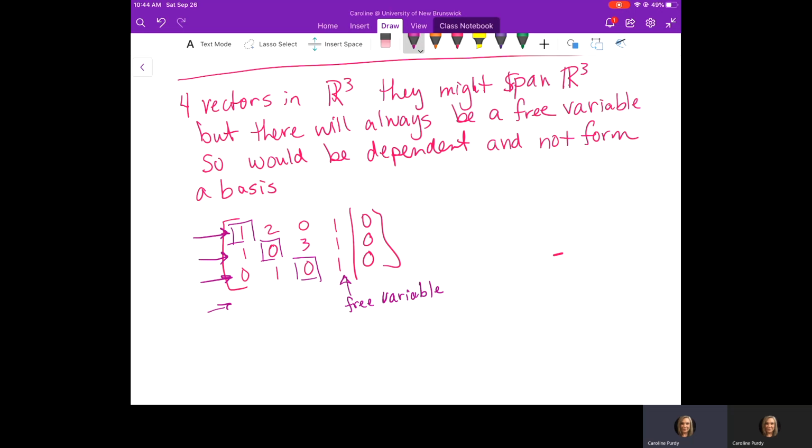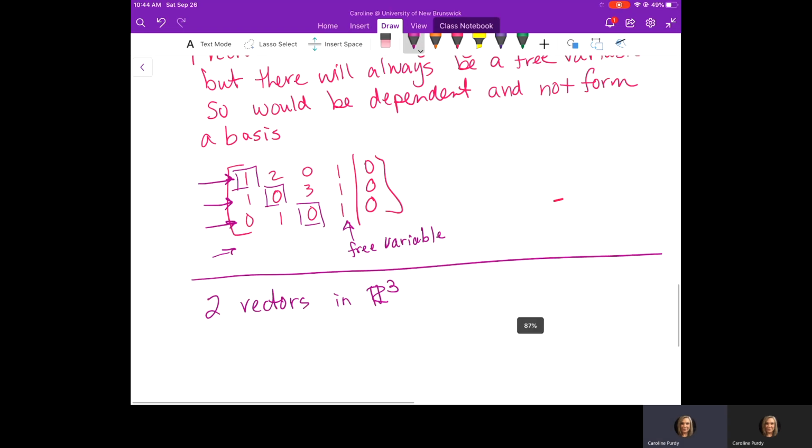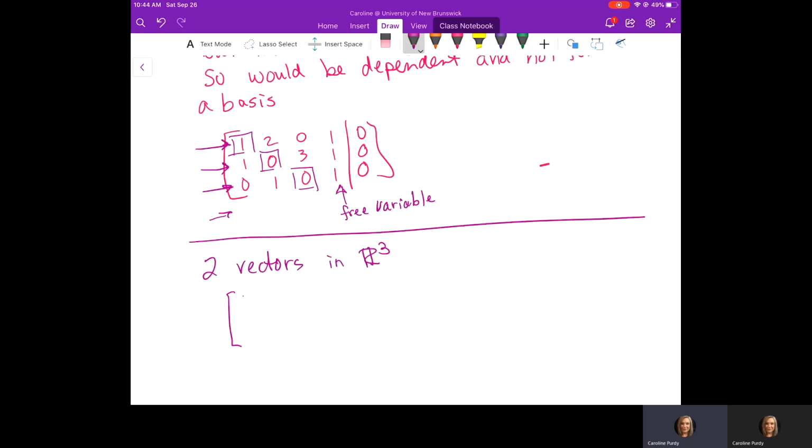Now, what if we had 2 vectors in R3? This also won't form a basis. Let's just look at what this looks like. You can have a lead 1 here and you can have a lead 1 here, but wherever you have a lead 1, you always put zeros above and below. So you can't have a lead 1 here because there's not another column to make a lead 1 with.